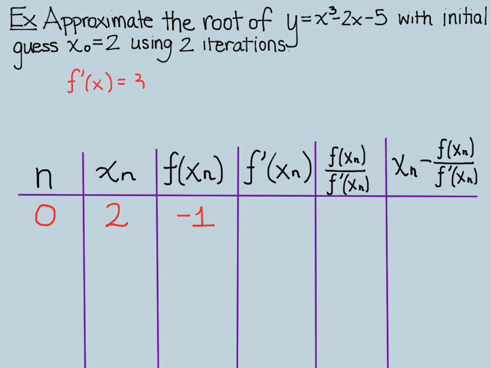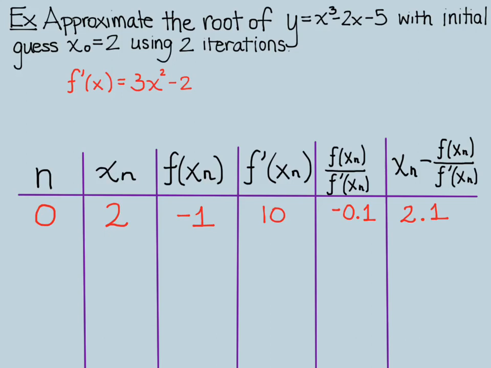Now we need to find the derivative of our function, which we know by now is 3x squared minus 2. And I can plug x sub n into my derivative and end up with 10. Next we do negative 1 divided by 10, which is negative 0.1. And finally we're going to do x sub n, which is 2, minus negative 0.1, so I end up with 2.1.